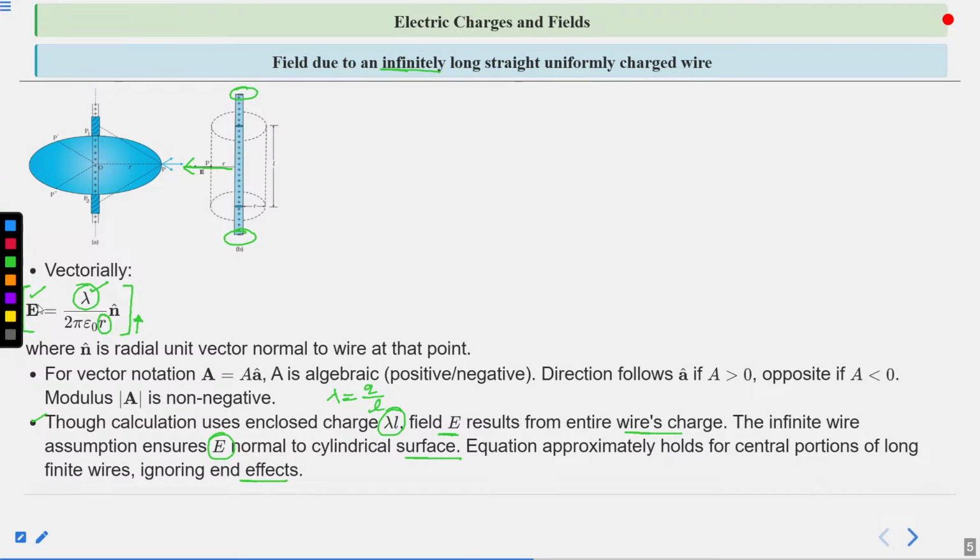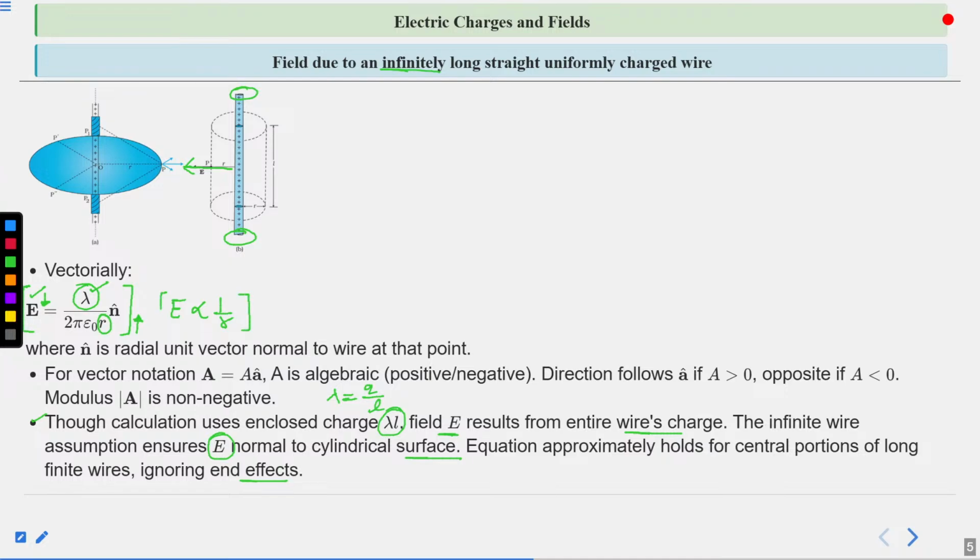In that case, what will be the change in E? Think about it. If r increases, the value of E decreases, because E is inversely proportional to r.